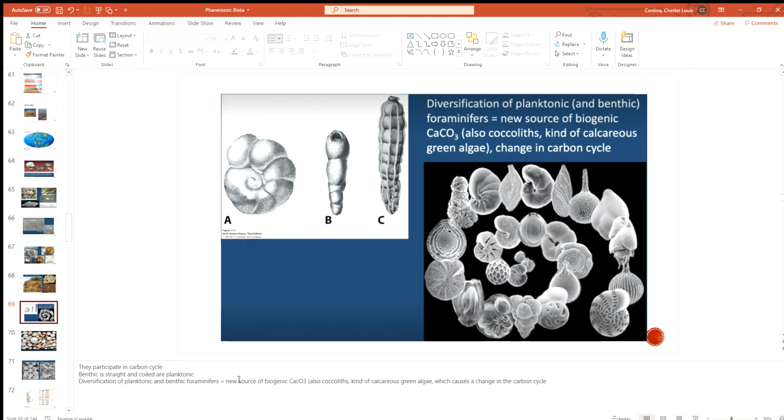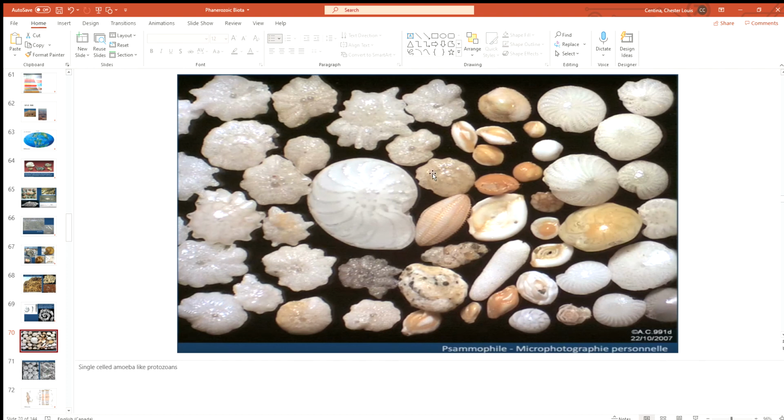They are a source of calcium carbonate, and they have green algae too, and that causes change in the carbon cycle. Okay, let's move on. These are single-celled amoeba-like protozoans, and it has the shell.